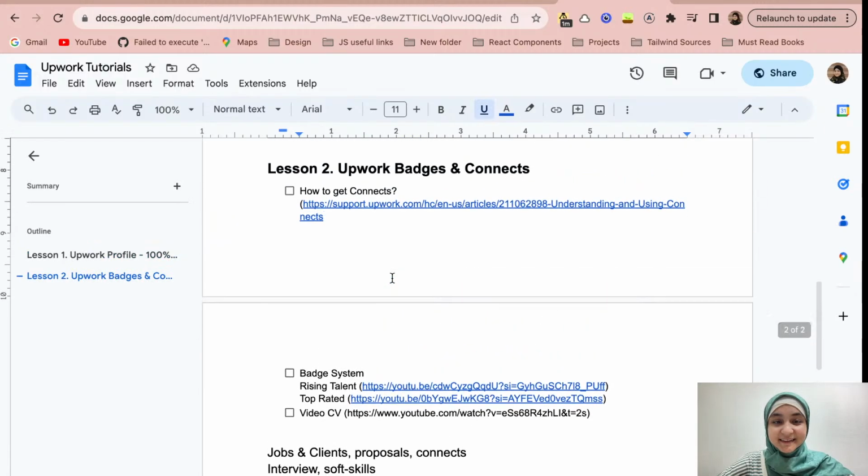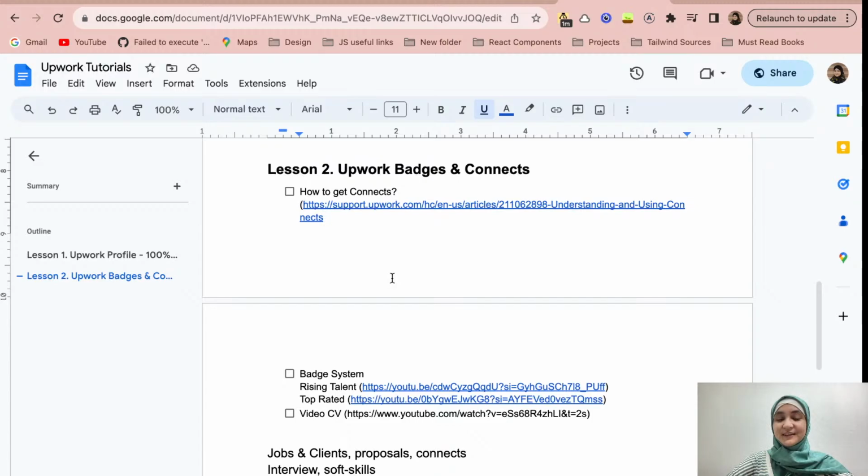Although it may be stressful at the beginning, once you find a job and start working on Upwork, your connects will add up, and there will be lots of connects for you over time. Right now I have more than 100, and I don't need any of them.